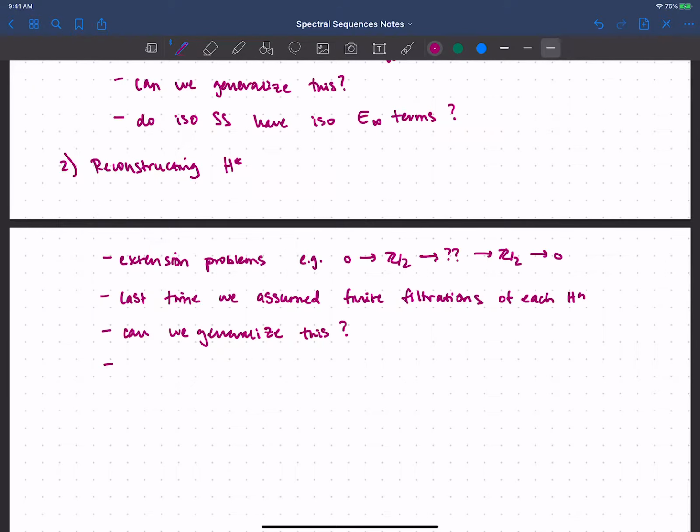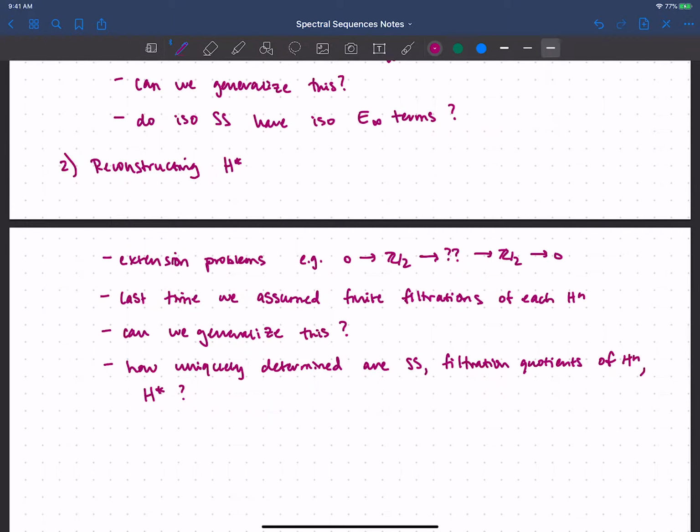And then another related question is how unique, or how uniquely determined, are the spectral sequence, as I'm saying above, the filtration quotients of H^n, so that's like looking at our E infinity term, and also the cohomology.